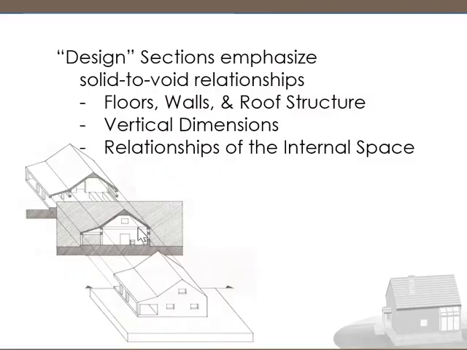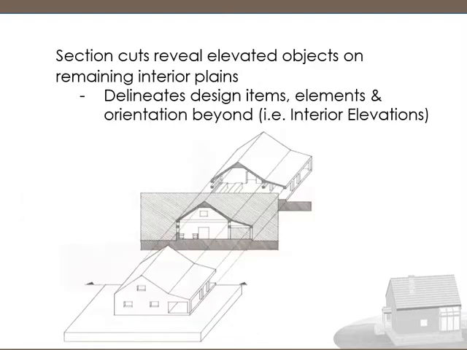So when we make that cut through there, we want to see some internal parts and how they relate. And then the section also, like the elevation, reveals elevated objects. It really shows you some orientation to what is happening inside.